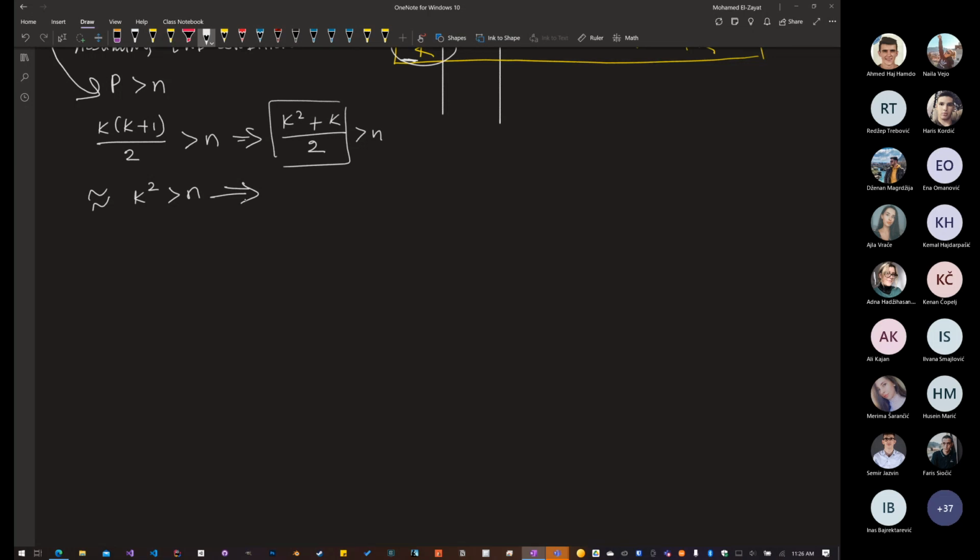At the end of the day, this is going to be k larger than the square root of n, right? So when we take out this, we have to take the square root. This is elementary school math or high school math, I cannot remember anymore, primary school math.